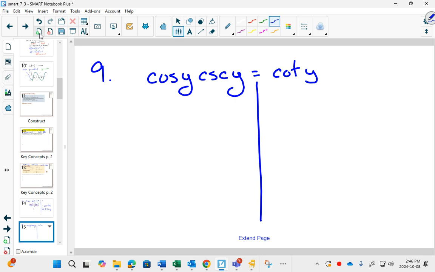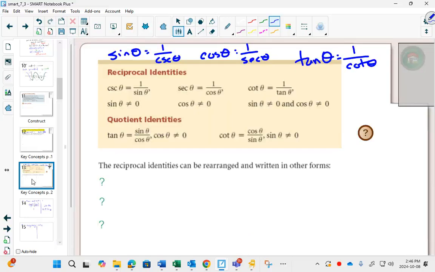Now the strategy I want to point out is based on an observation of all of these that we have so far. No matter which of the 6 trig functions you start with, you can change all of them to either sine and or cosine. So for example, if you have sine, you don't have to change it. It's already sine. And same thing with cosine.